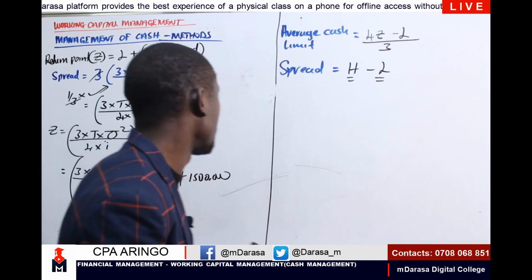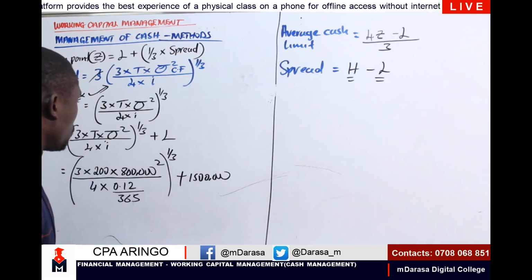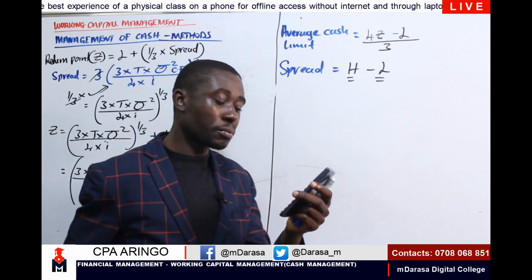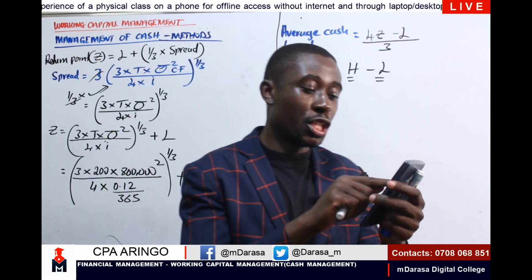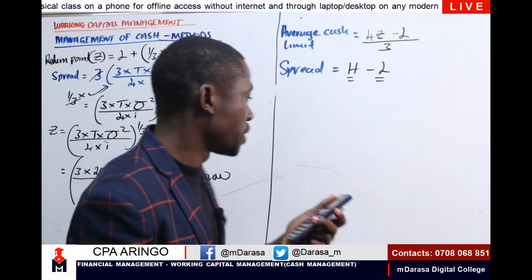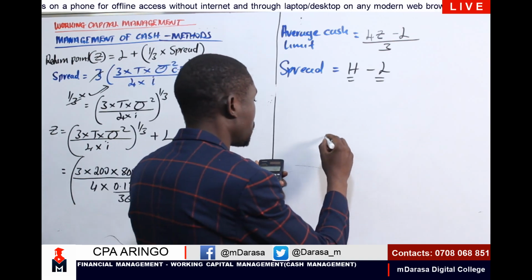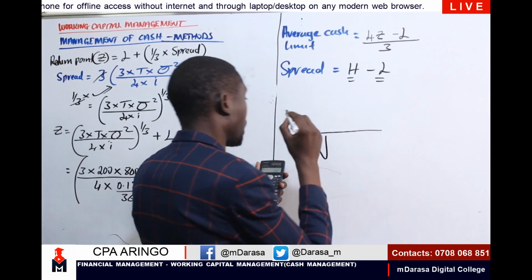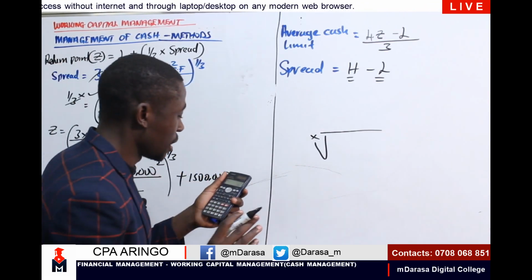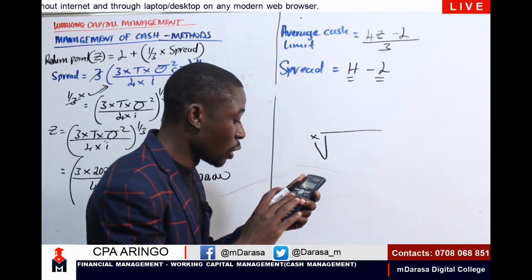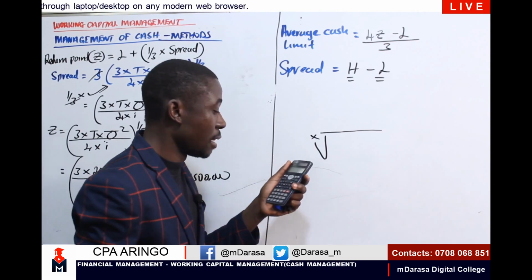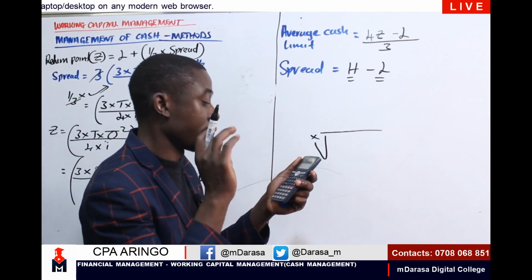So what are we going to do? I'm going to click 3. Then we do shift. On shift, if you check your calculator, you're going to see this sign somewhere. That is raised to power x. After we've clicked shift, I'm going to click that raised to power sign in your calculator, then my answer equal sign.